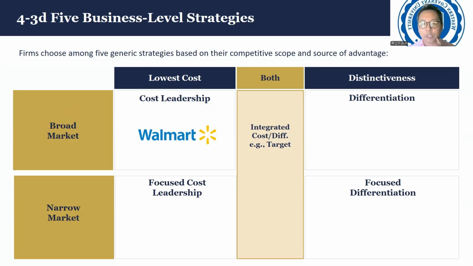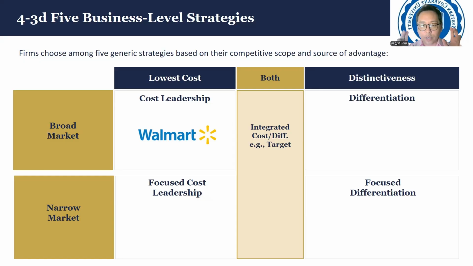The company keeps costs low through large-scale purchasing, efficient supply chains, and strong control over operating expenses. So they have deep knowledge and know-how to keep it low. Its main promise to customers is simple.